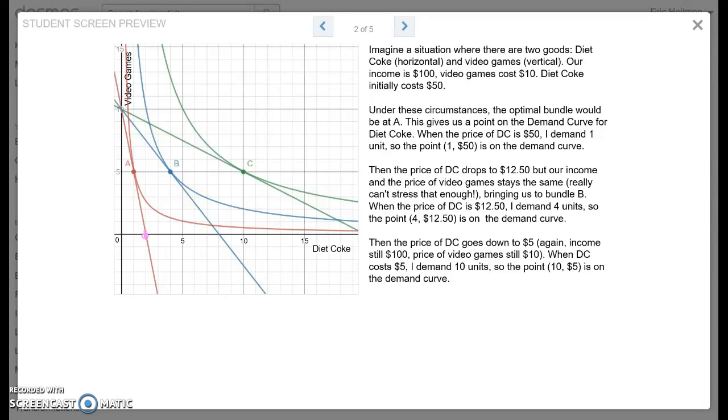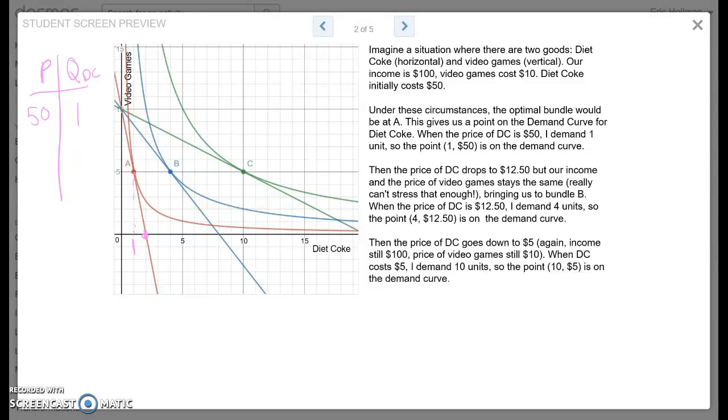And when I find the optimal bundle, I find that I actually end up consuming only 1 Diet Coke. So that means that if I were to make a little table of price and quantity of Diet Coke consumed, when the price of Diet Coke is $50, I only consume 1 Diet Coke.